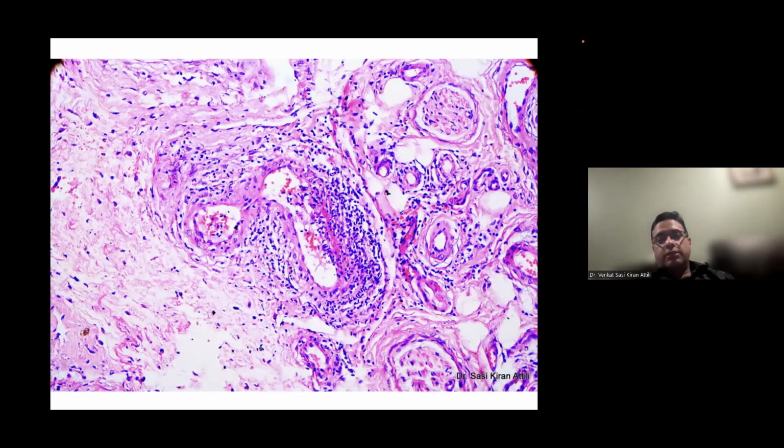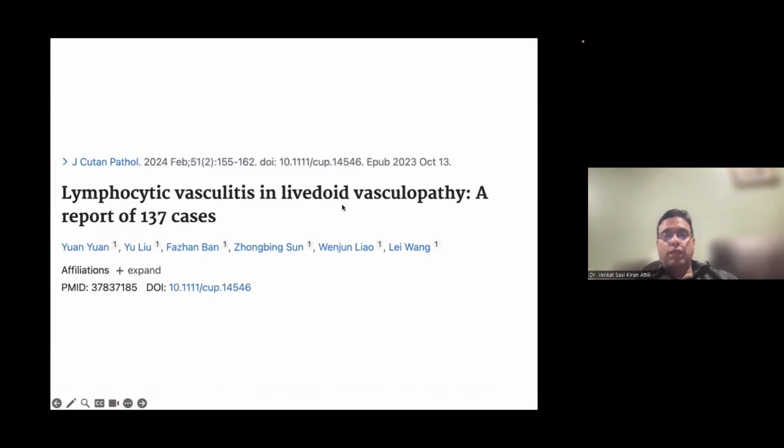In some cases, APLS, as we know, may also be associated with immune complex mediated vasculitis, and therefore there may be an overlap of both livedo vasculopathy and itis. And this is a topic of debate, of course, but I've just put that up.